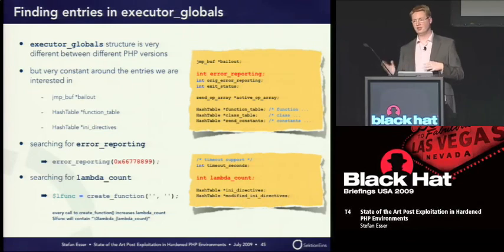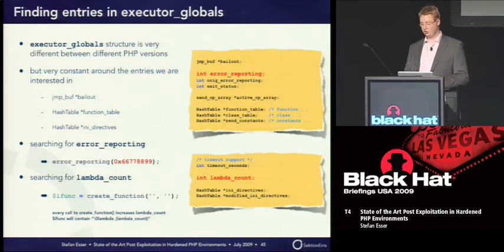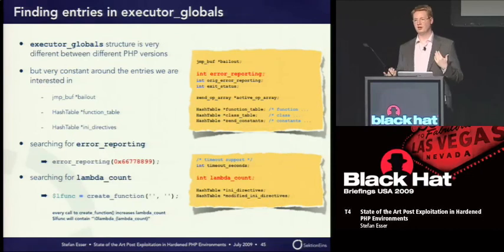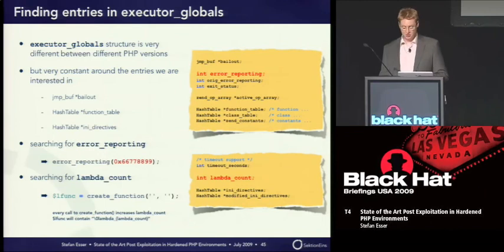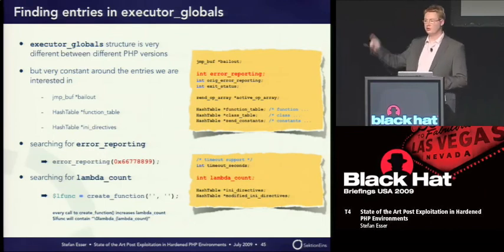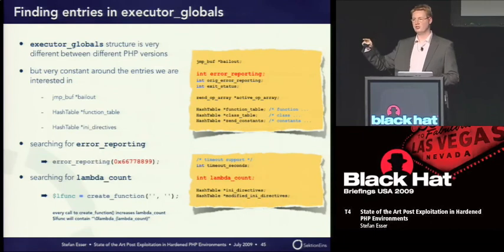We can do a similar algorithm for the actual ini directives, because right in front of the ini directives there's a field called lambda count, and lambda count is increased every time you use create_function in PHP. So we just look in the memory, create a function, and look again at the same place, and if it changed, then we assume it's the lambda count.